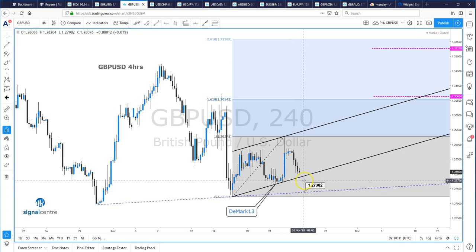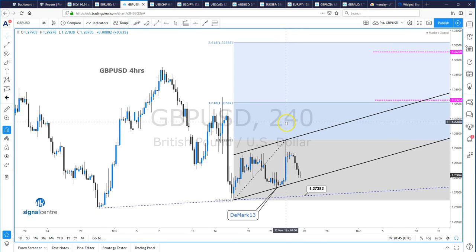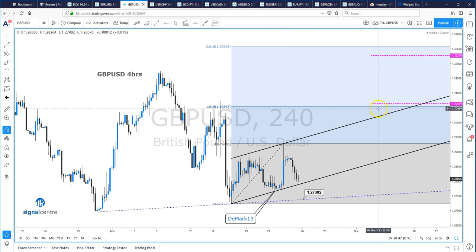If we do break this channel formation to the downside, then we've got this trendline support here at 127.38. Really needs to break out of this channel to get a projected move to the upside. What we do like at the moment is that we've got our bespoke resistance levels very close to the Fibonacci resistance levels.